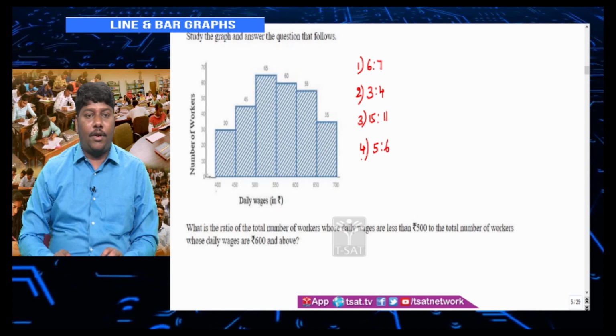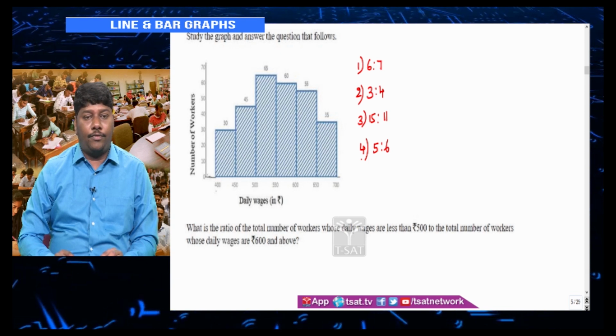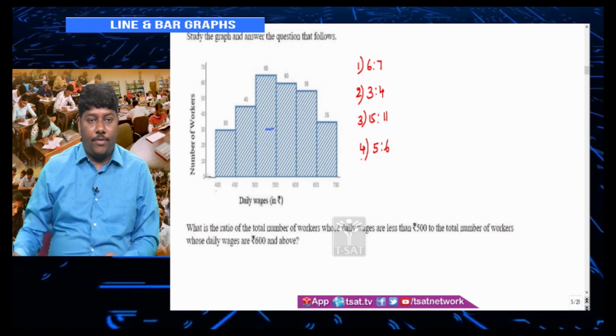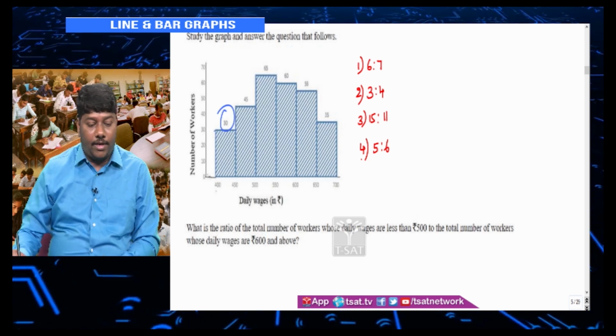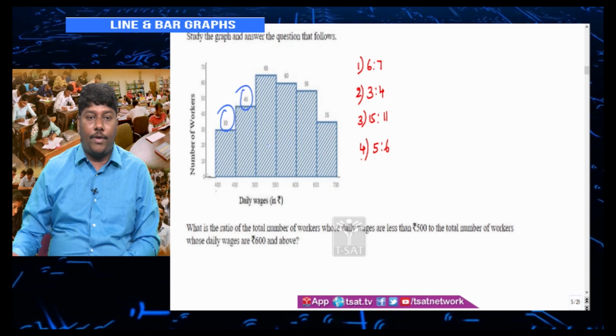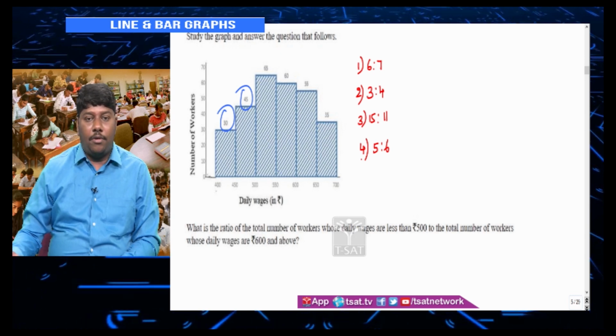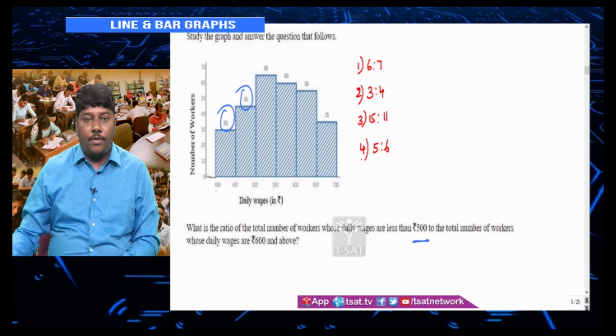Look at the graph. Number of workers given: 400 to 450, 450 to 500. There are 30 workers between 400 to 450, and 45 workers between 450 to 500. Now he is asking how many of them were less than 500.